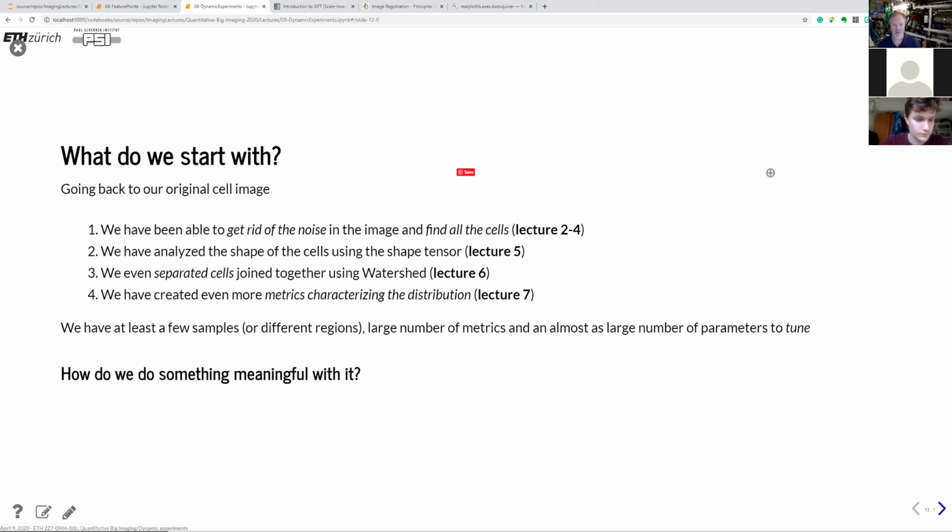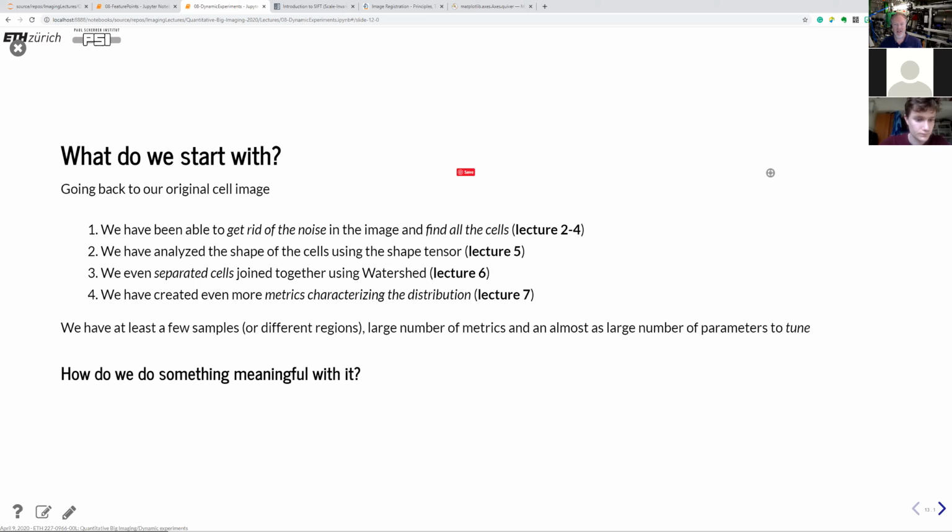Then we want to analyze the shape. We can use the shape tensor to see how the shape of the cells varies. We want to separate cells that are joined. That can be done using the watershed segmentation. And we can even have some metrics to characterize distributions in the images.